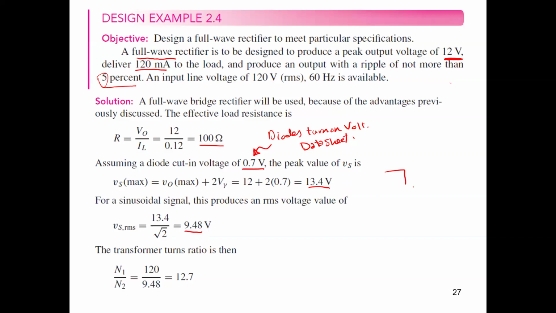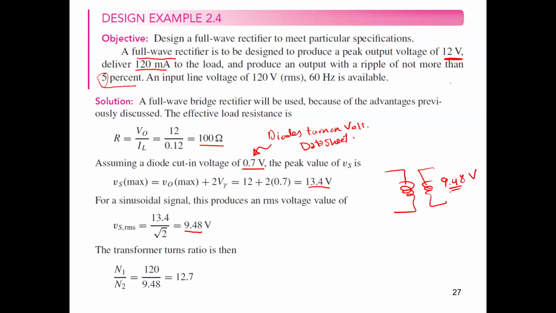So we have now a transformer which will supply our rectifier circuit, and we need here 9.48 volt. And any volt, guys, in AC is RMS. Any volt given in any data sheet is the RMS value. We do not specify a sinusoidal waveform by maximum value or peak value. Okay, so this is the secondary volt now.